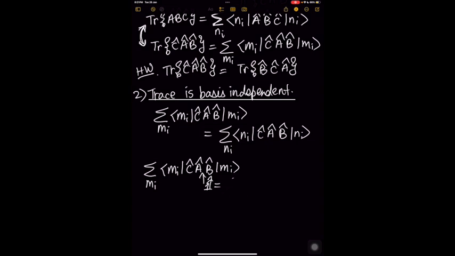Then I will introduce the basis n sub I states.